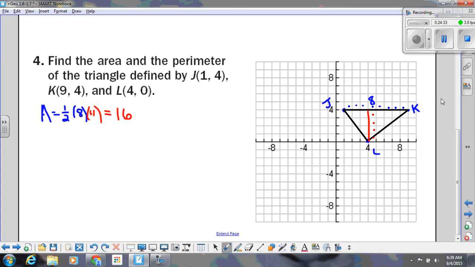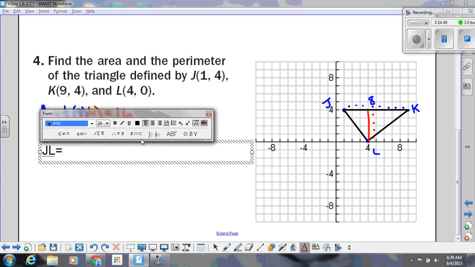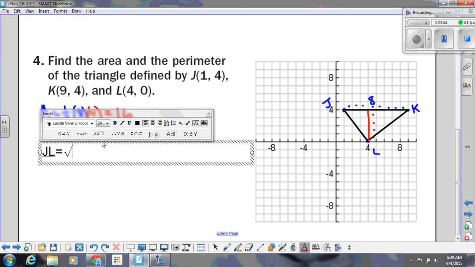So if I do distance formula, remember, let's see, if I do JL, that's going to be equal to the square root. So I'm going to put square root, but it may not show up all the way across. I can't get a really long square root. But just know that it's going all the way across.